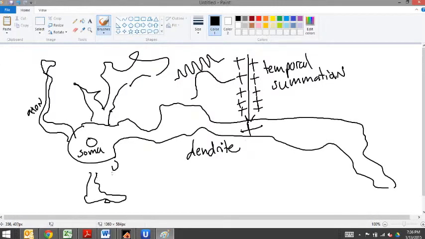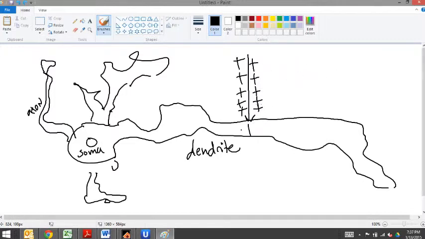And why is it good to have a positive signal? Well, if it's really positive, that means it'll travel a far distance. And hopefully that positive signal will get down to the spike initiation zone, and it will cause an action potential to fire. But we're not worried about that right now. We're still focused on this. So, that is an example of temporal summation.